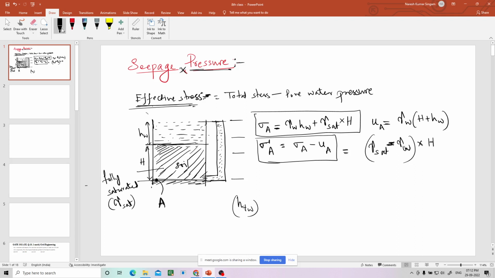Suppose after the water reaches this point, will there be any flow? Will it flow down? No, sir. Can you tell me why? Yes, it is the same as on this water surface.